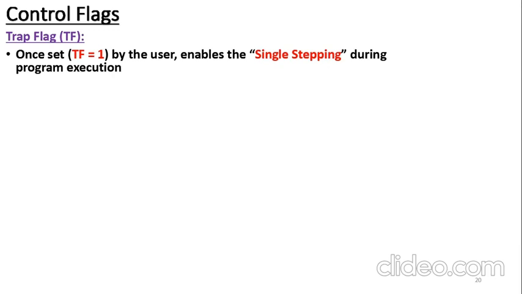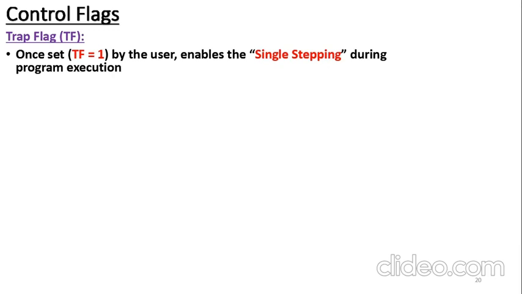When TF is set to 1 by the user, by the programmer, then the processor enables single stepping operation during the program execution. It means that whatever number of instructions are written in the corresponding program will be executed instruction by instruction. First instruction executed, because of the trap flag set to 1 by the user, a single step interrupt is internally generated.